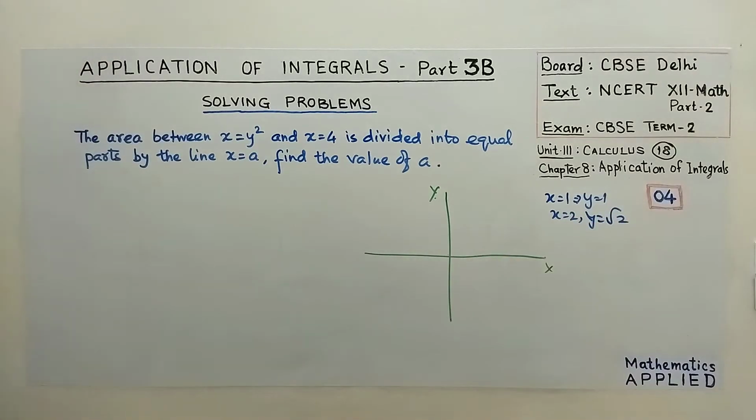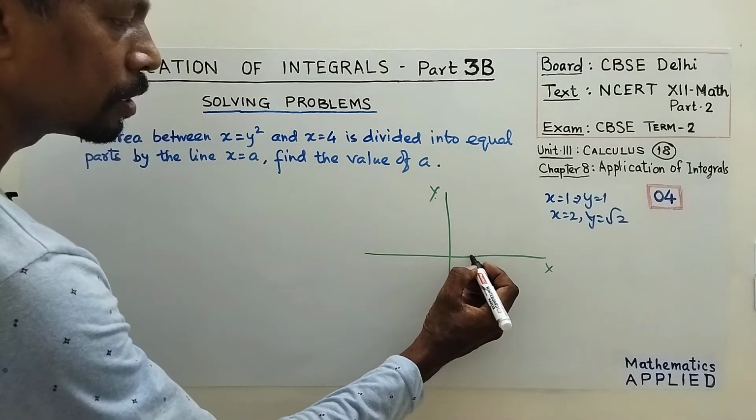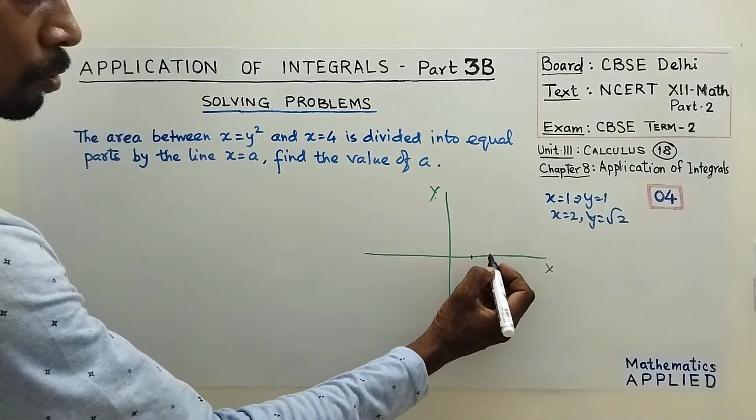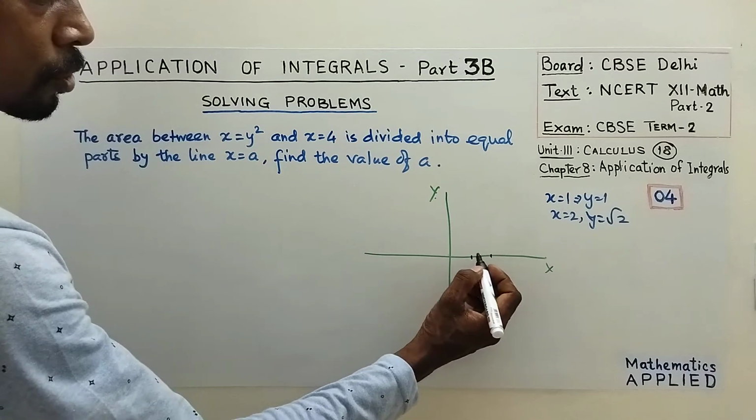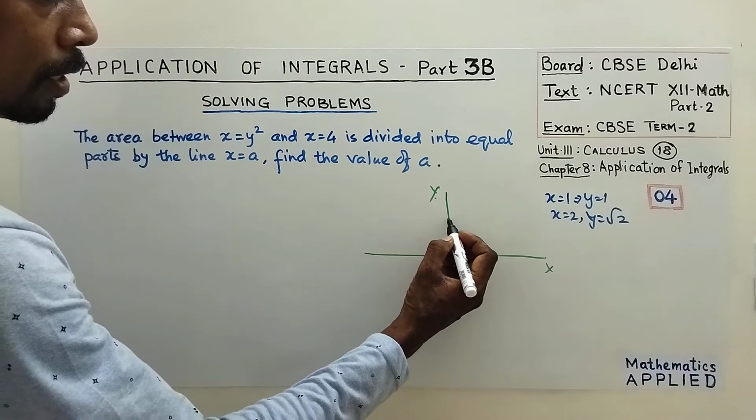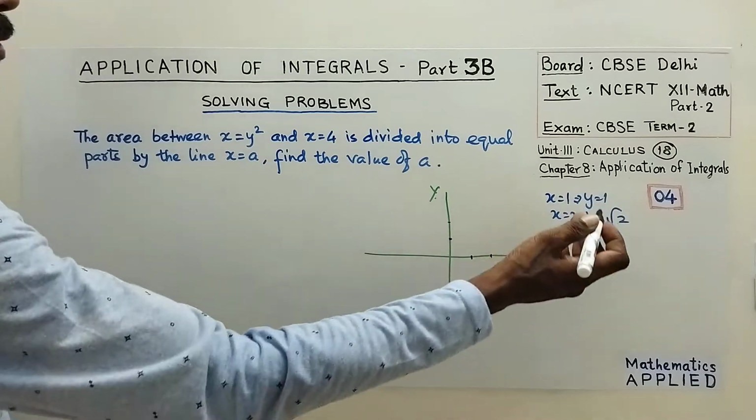So that graph we can mark. So here is, let's say, 1 and here is 2. This is open on the right side.